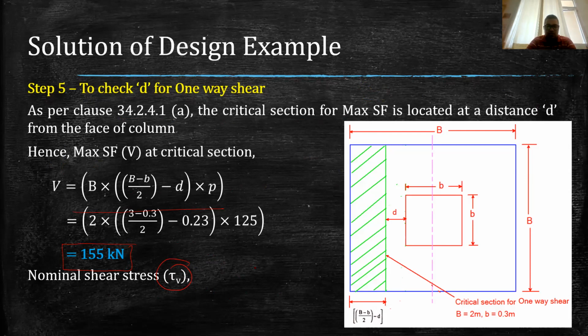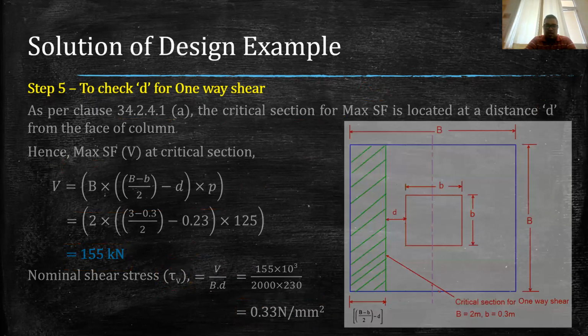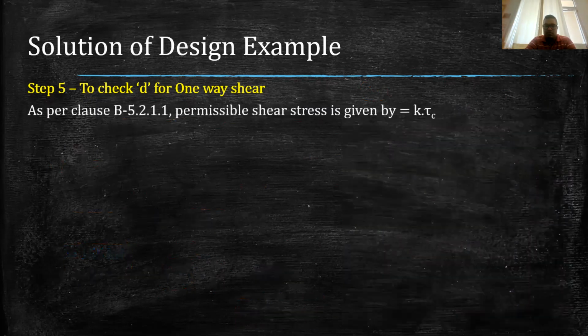So tau V is V upon BD, and putting the value here, we get the nominal shear stress as 0.33. As I mentioned earlier, for our beam to be safe in shear, this tau V should be less than K into tau C. K into tau C is the permissible shear strength of the footing.